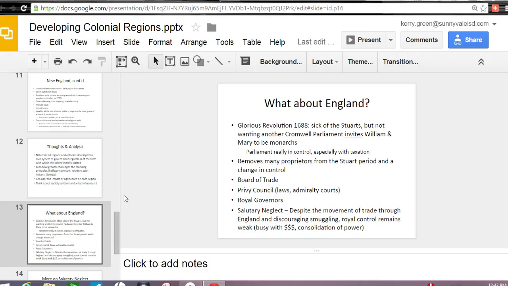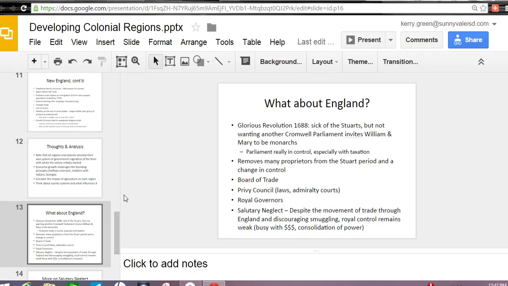But royal control is very busy with raising funds. There's also some conflicts in Europe over royal crowns and that kind of stuff. Nothing that we really have to worry about. But it does distract Parliament and William and Mary and then later Queen Anne from really tightening their control.